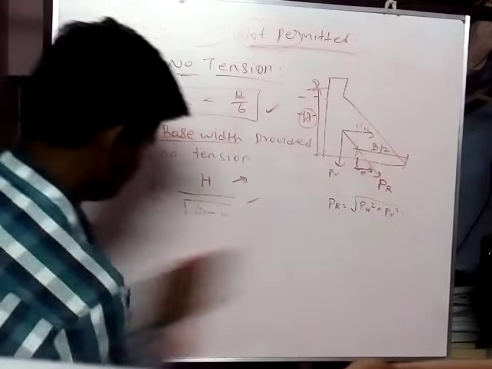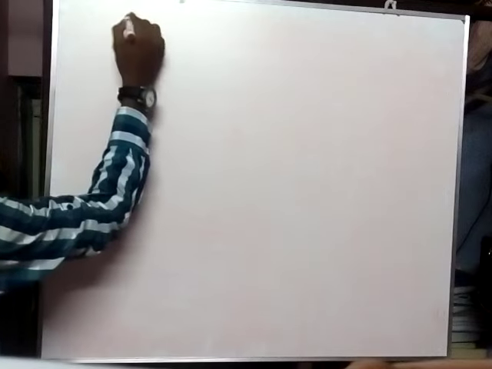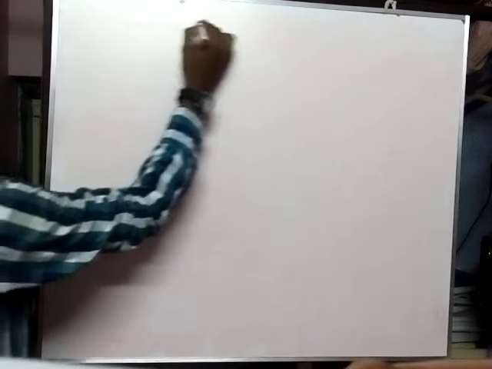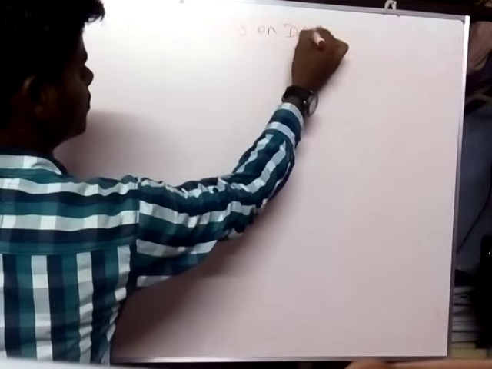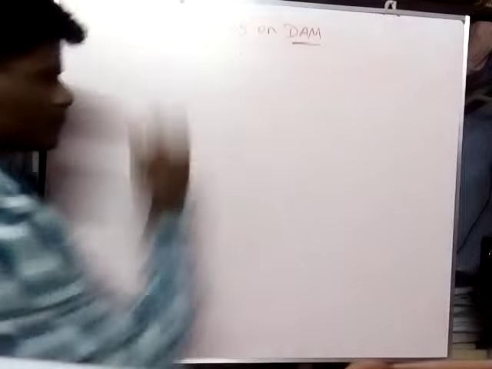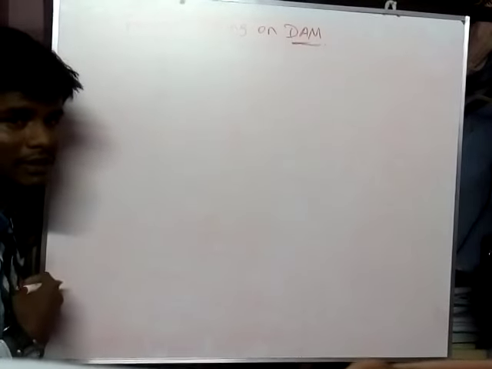Then we move to the forces acting on the dam. That is very important. The forces acting on the dam. This is a very important 16 mark question in examinations.